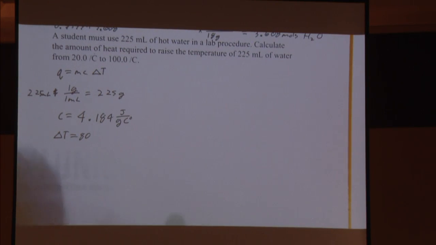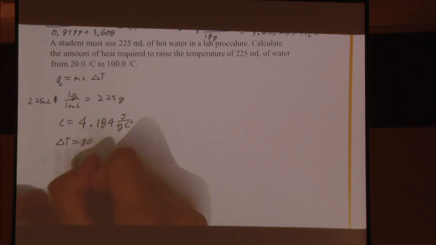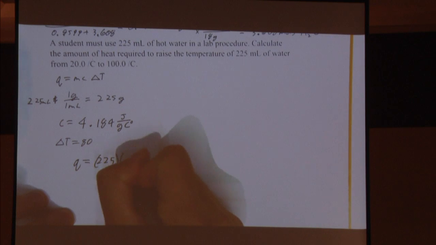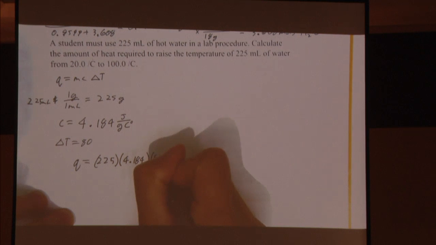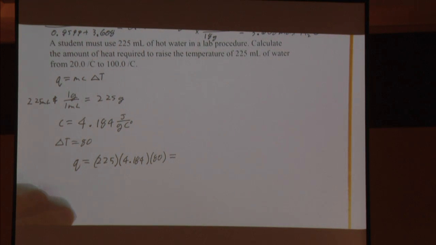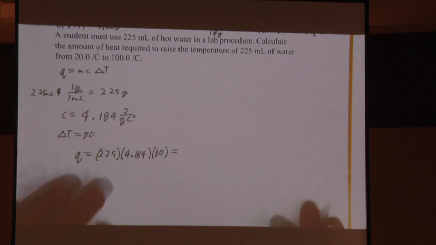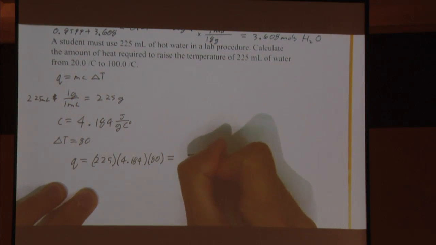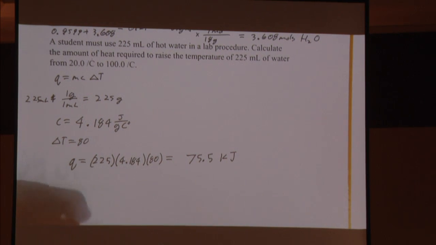And from here we can just plug into our formula, and then punch the numbers into our calculators, and we'll find that we get 75.5 kilojoules of heat.